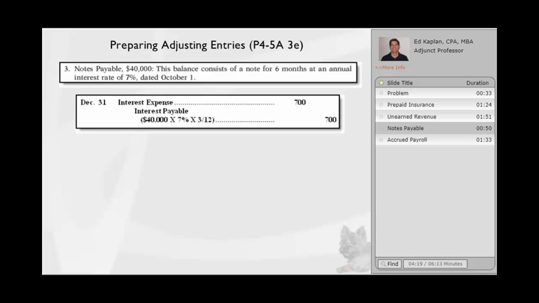So we take the $40,000 note, we multiply it times an interest rate of 7% that was given in the terms of the note, and we multiply it times 3/12. The note was dated October 1st, so we need to accrue interest expense for October, November, and December.